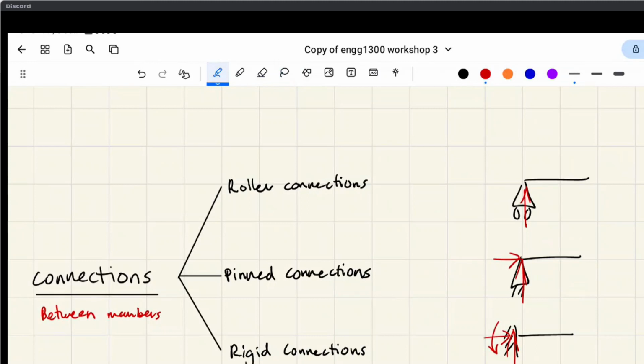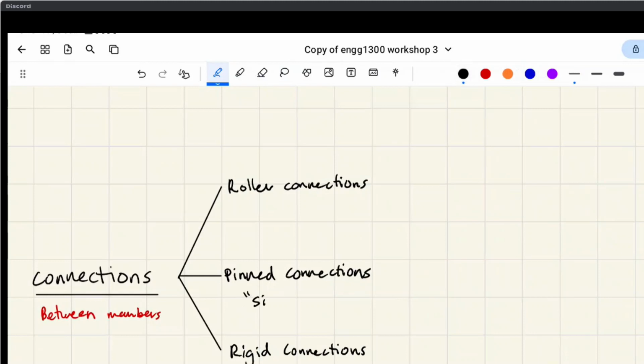Here's what they might look like. Actually, I'll start with the pin connection. Sometimes it's called the simple connection because they're fairly common, like in trusses. Here's your pin connection. So that's your truss.